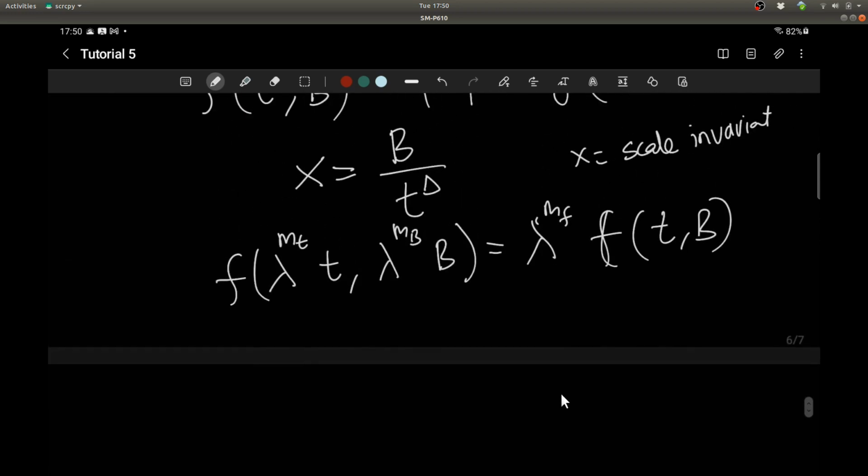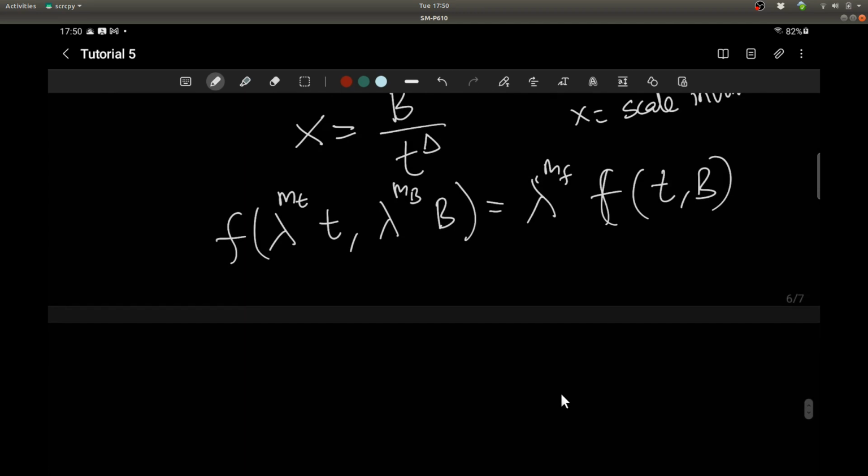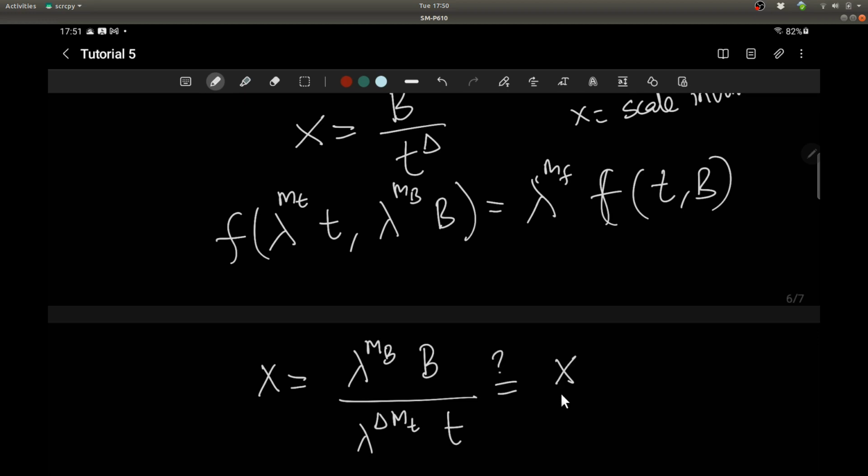So if x has to be scale invariant, so what will happen? If you scale b, how is b scaled? Lambda power mb times b, divided by t, which is scaled by lambda power delta into mt. This should be equal to x again.